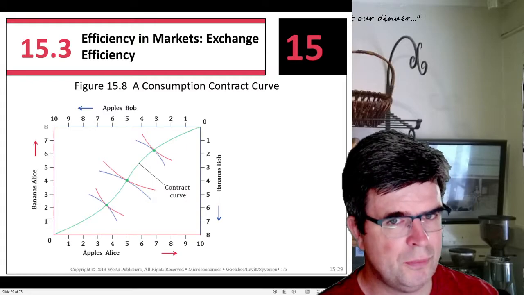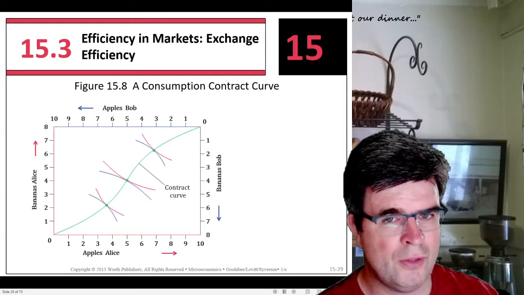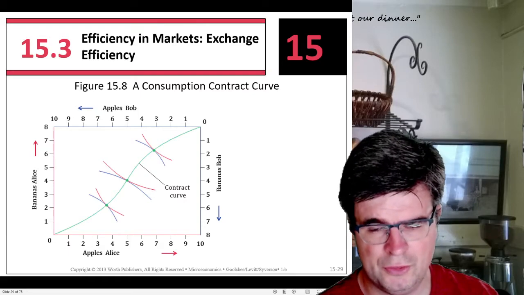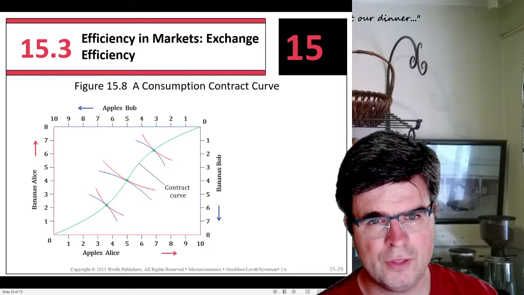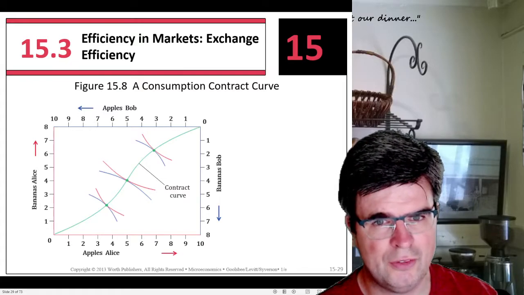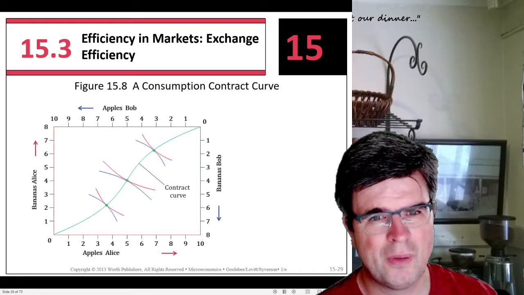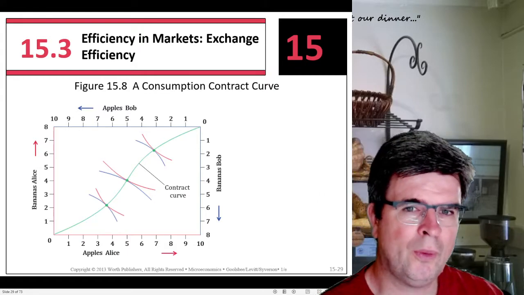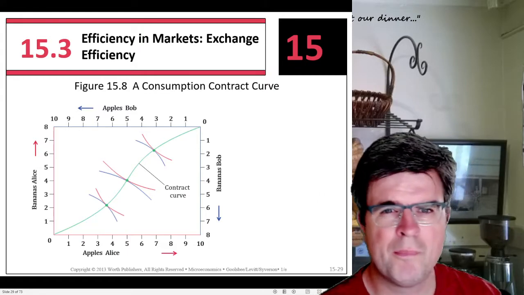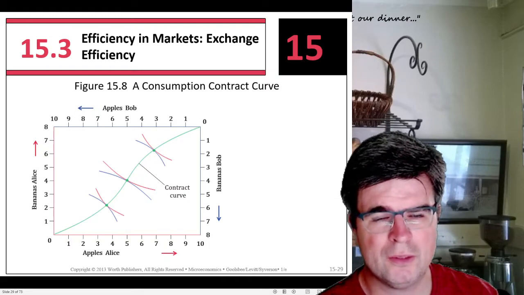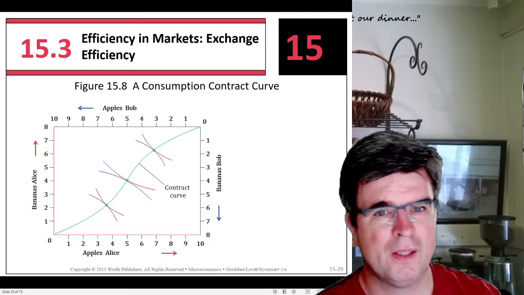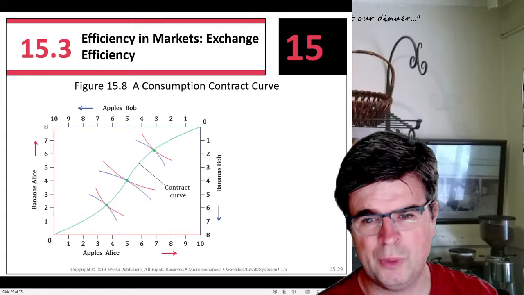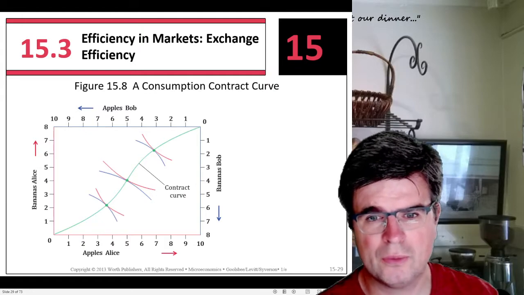It's a very nice result, but it raises another question, and that is, okay, given that we have this green contract curve, an infinite set of Pareto efficient allocations, which one is optimal? They're all Pareto efficient, so this is also why I call the concept of Pareto efficiency a rather weak concept, because it gives us many efficient outcomes, and it doesn't allow us to distinguish which of these efficient outcomes is better or worse.